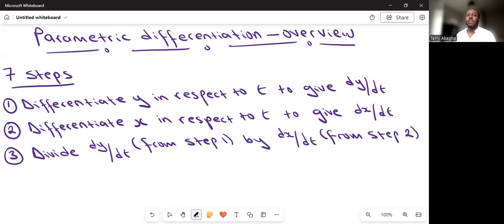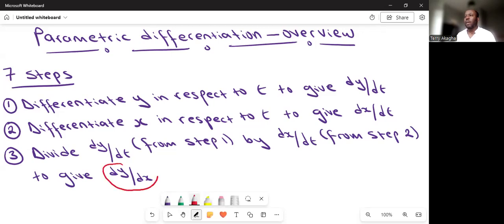This is going to give us dy over dx. That is how you get dy over dx: dividing dy over dt by dx over dt. And after you do that, you simplify.